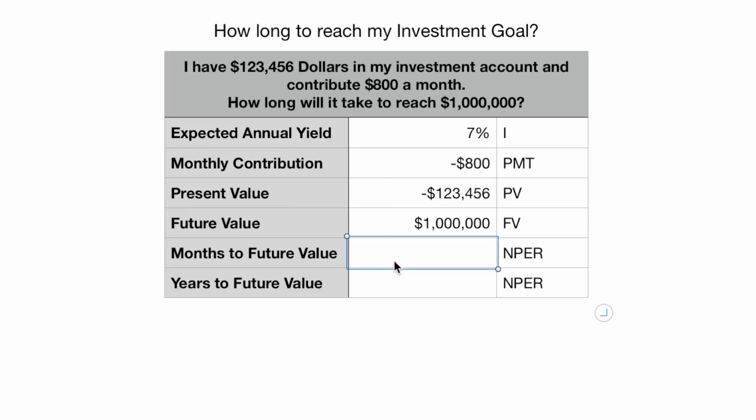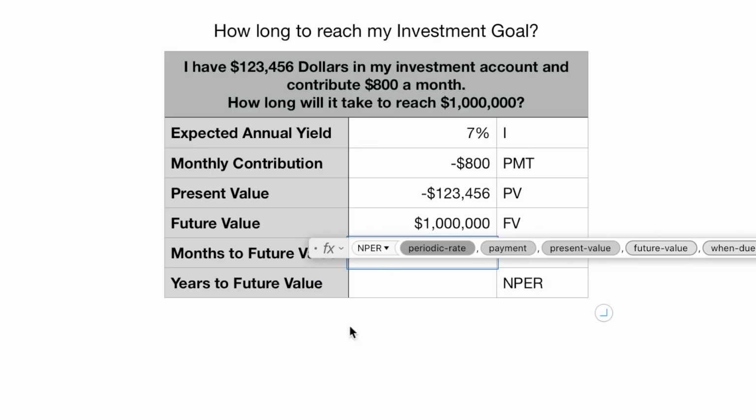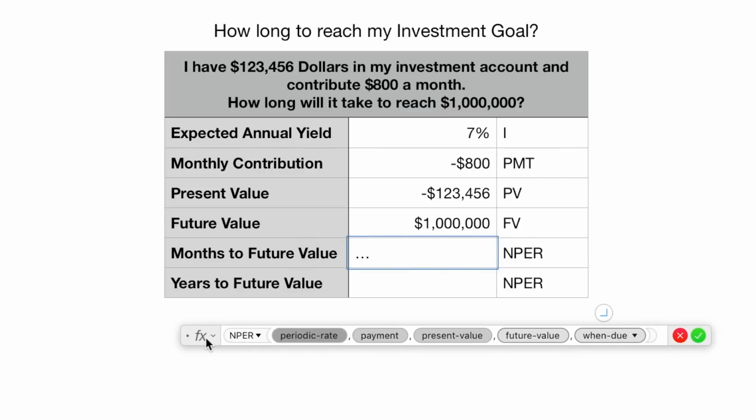So now for the formula. In Mac Numbers, I'm going to hit the equal sign, and I'm just going to type in NPER and hit enter. And this formula is going to pop up. And we can see we're just going to fill in this information that it's asking for. So the periodic rate is going to be 7%. Now the 7% is an annual return, and we want to calculate for how many months it is.